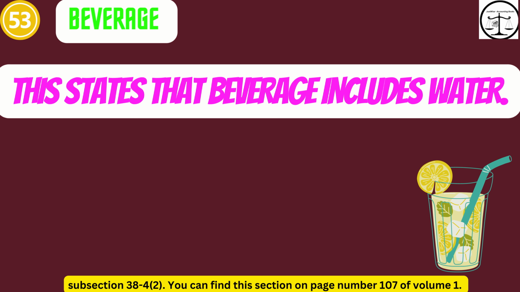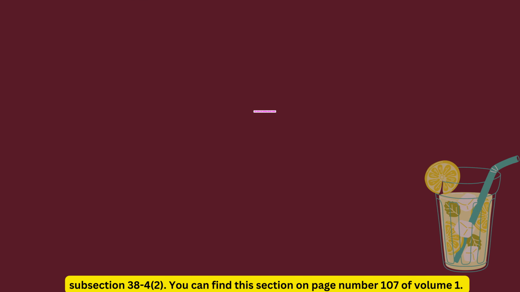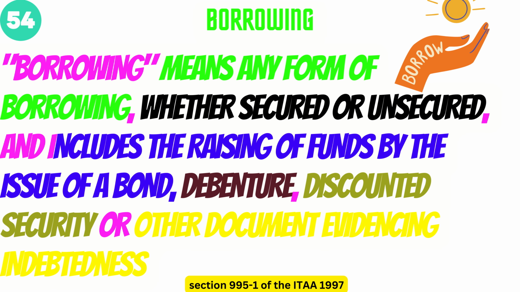Word number 53. Beverage has the meaning given by subsection 38-4(2). You can find this section on page number 107 of volume. This states that beverage includes water. Word number 54. Borrowing has the meaning given by section 995(1) of the EDA 1997.